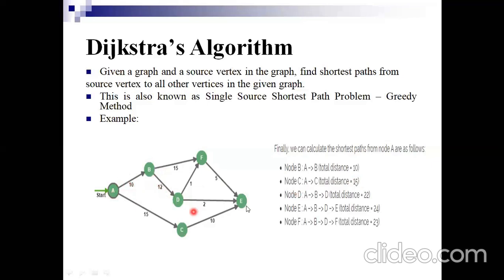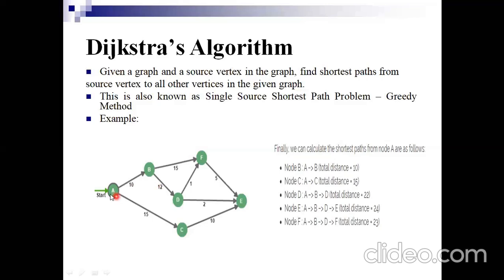Next, the next vertex is E. You can find there are 2 paths from A to E. One path is A, B, D, E. The other path is A, B, F, E. For A, B, D, E, the distance is 10 plus 12, 22, plus 2, which is 24.